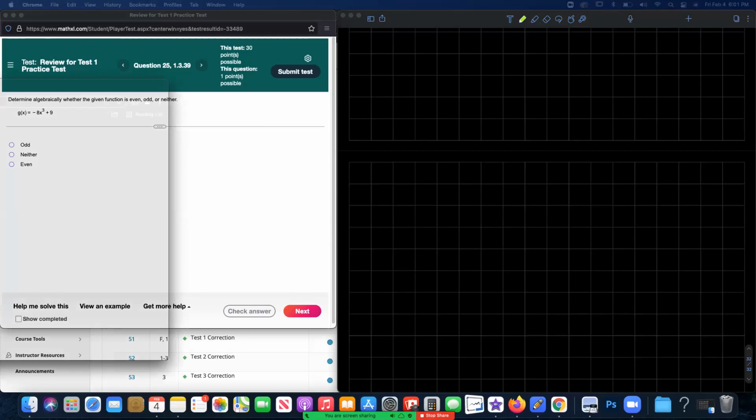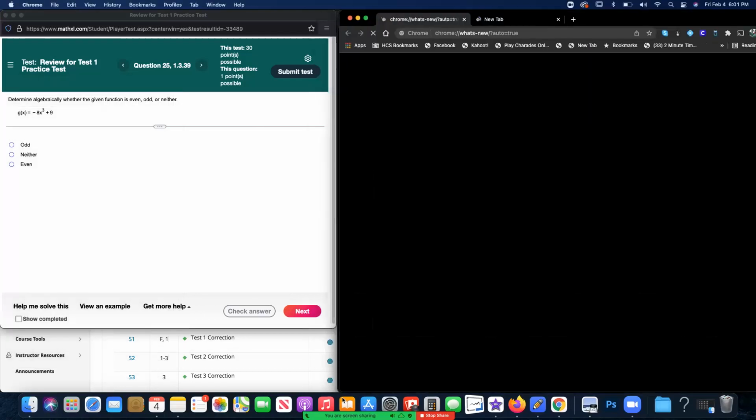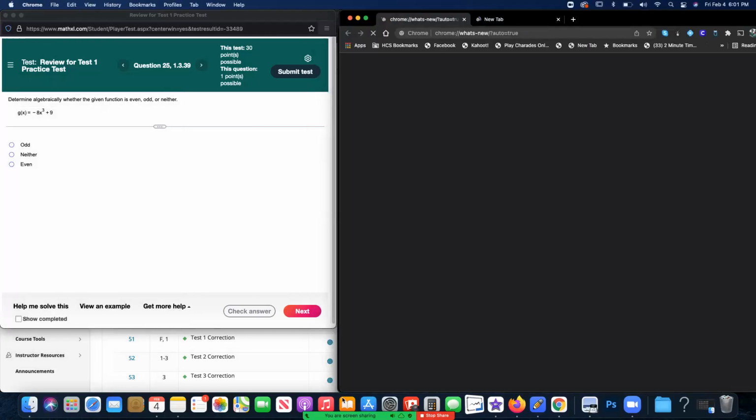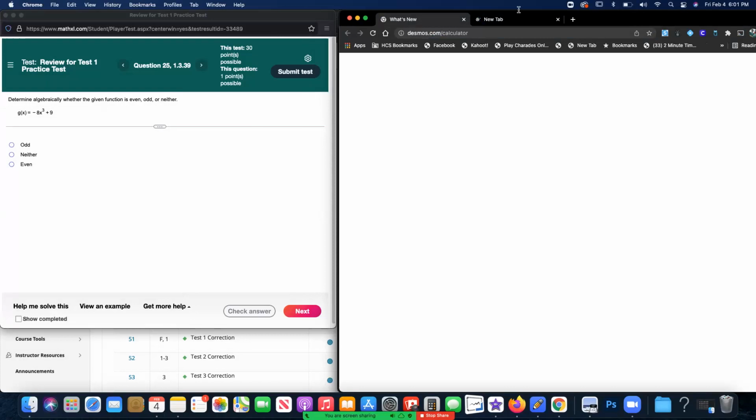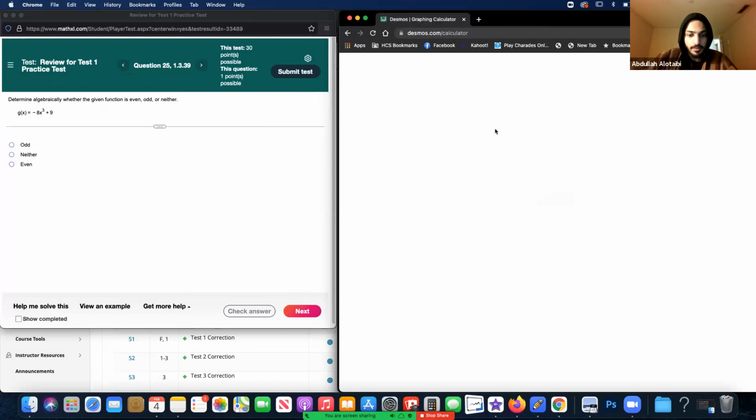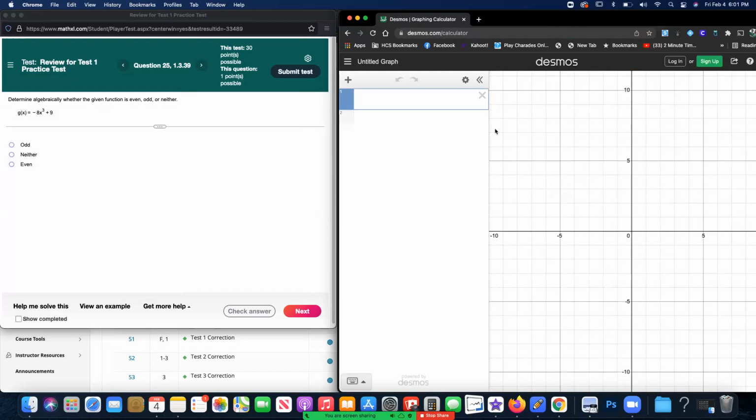So if we look at, say, Desmos, which I love using, we look at negative 8x cubed. This by itself is an odd function, okay?